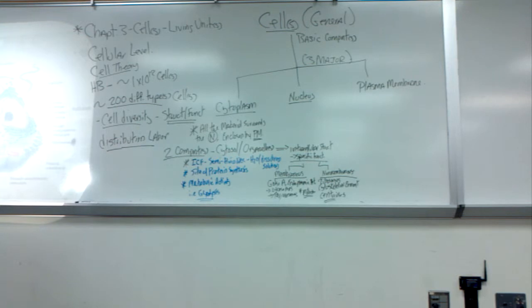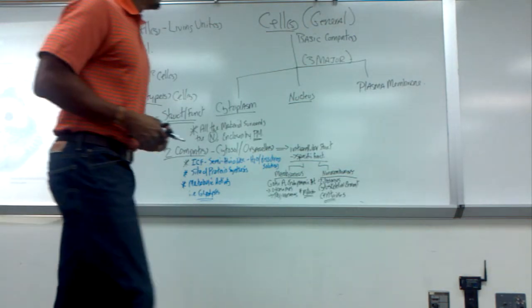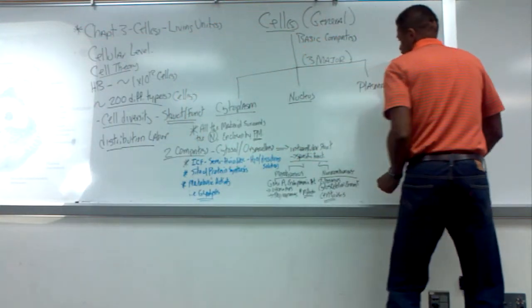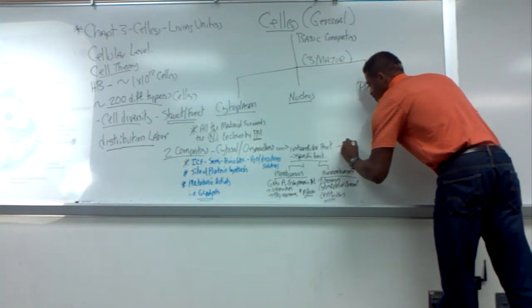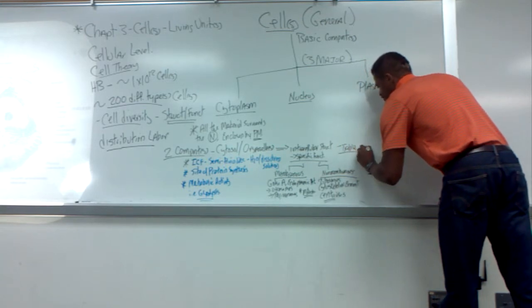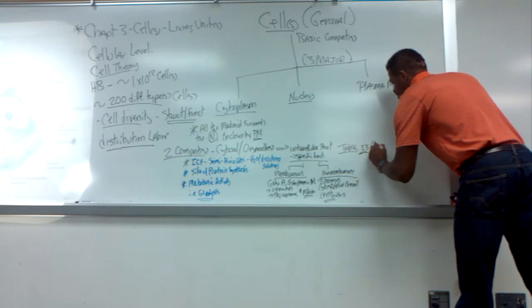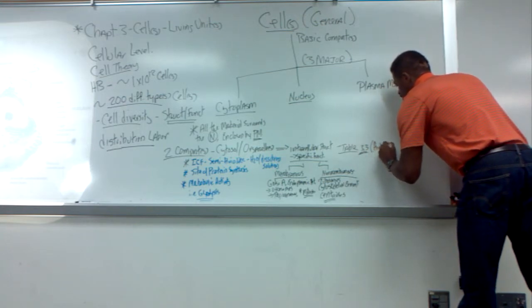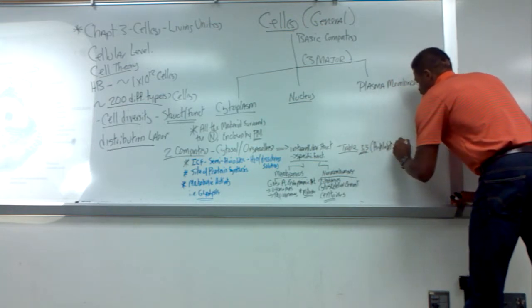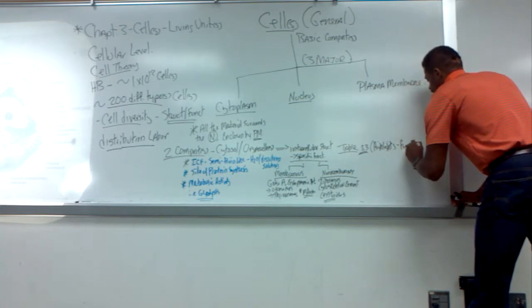We want you to make sure you take a look at the table in our textbook. I believe it's table 3.3, where they highlight the function and structure of our organelles.